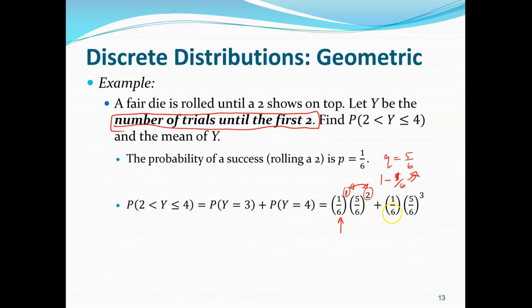And when Y is equal to 4, we're going to have 1 success, but we're going to have 3 failures. Again, if we're looking at the total number of trials as your random variable, then these two numbers have to sum to whatever your value is. That gives us 0.2112 if you convert it to a decimal.